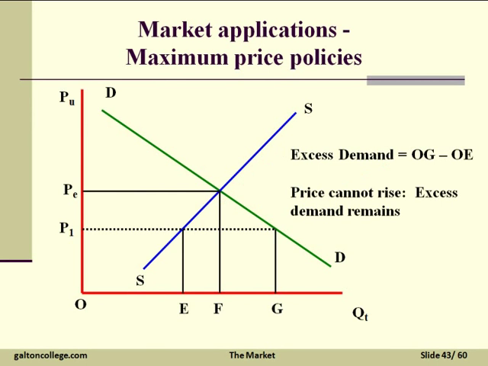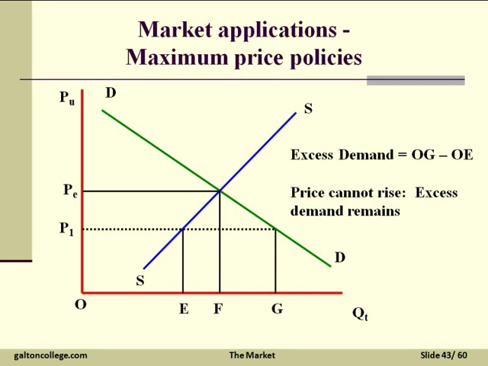The price can't rise, so the excess demand remains. And what would probably happen in that case is that there would be a black market for the good. Consumers would buy the product at P1 and then sell it amongst themselves for a higher price, so that a new equilibrium would emerge.